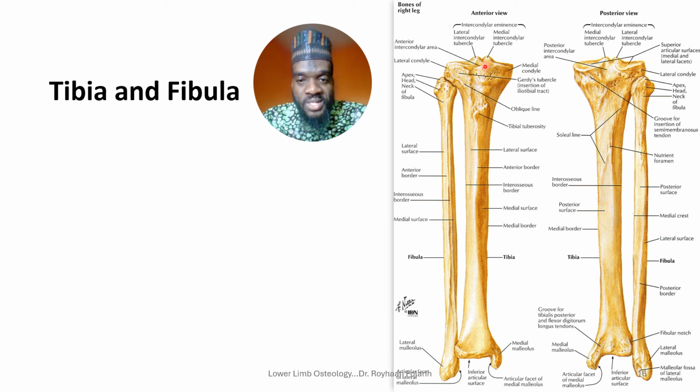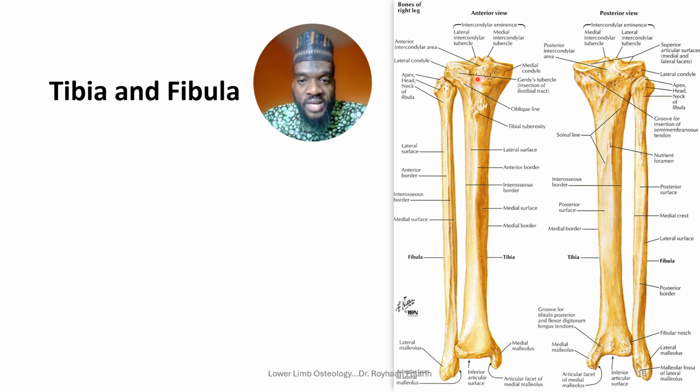So it's easy to then separate the one that is closest to the medial part as the medial intercondylar tubercle, and separate that from the lateral intercondylar tubercle. Both of them make up the intercondylar eminence, right?